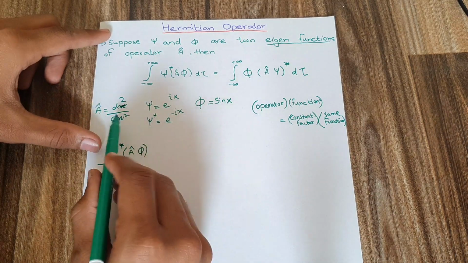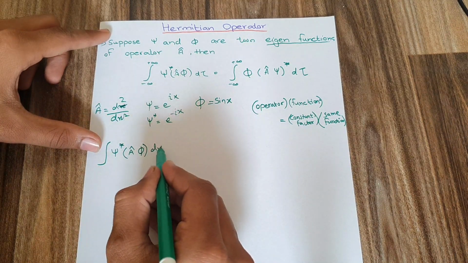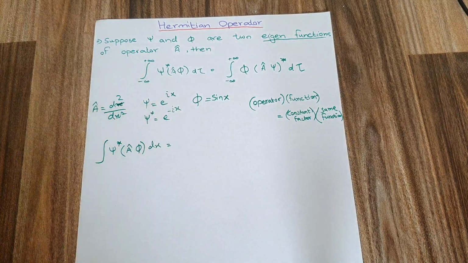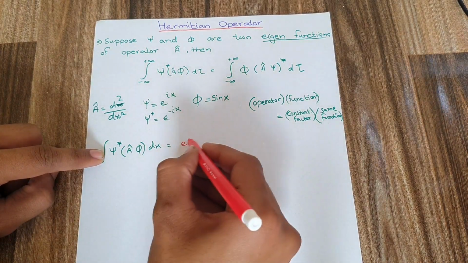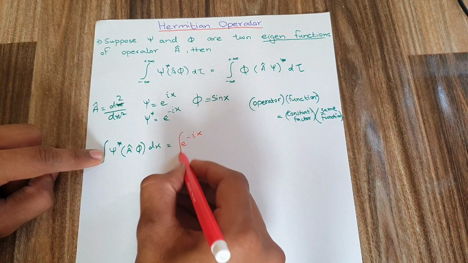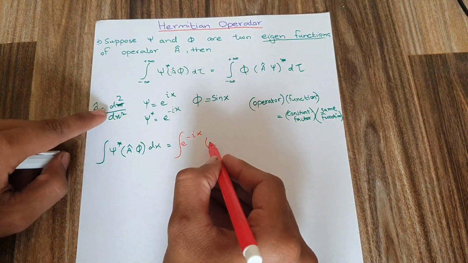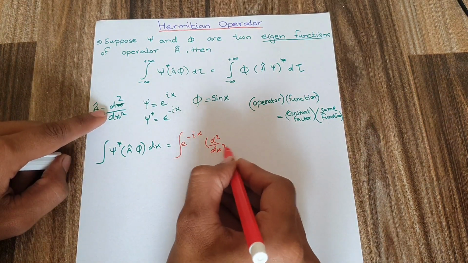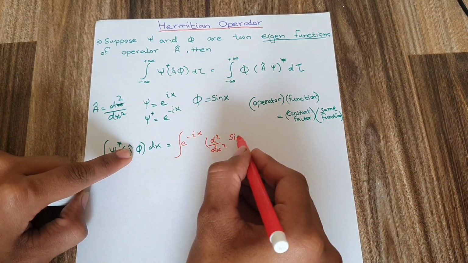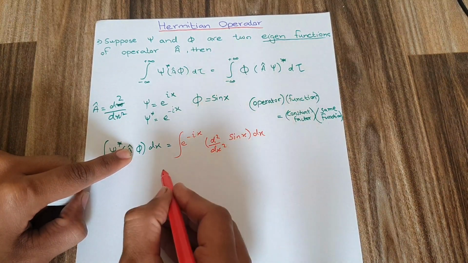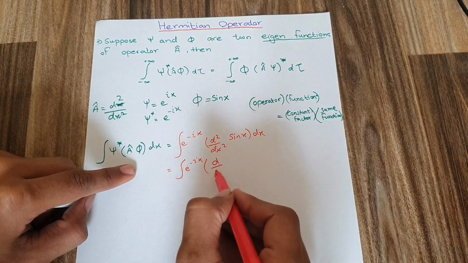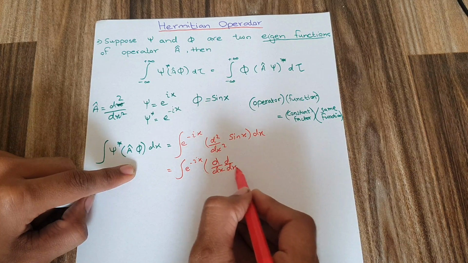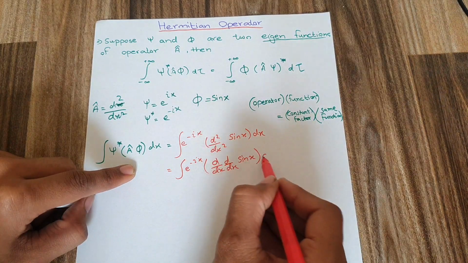Since I am taking dx, the derivative will be with respect to x. Putting in the values, in place of psi star I write e to the power minus iota x, in place of A I write the derivative d squared over dx squared, and in place of phi I write sine of x, with dx. The next thing I am going to do is break up the derivative: d over dx, d over dx, of sine of x, dx.